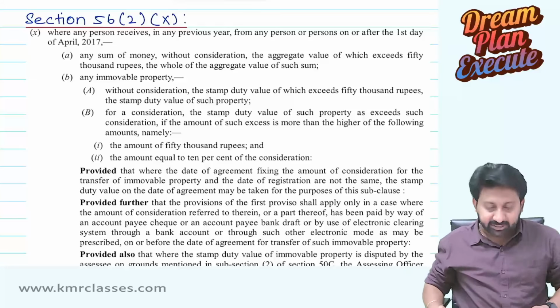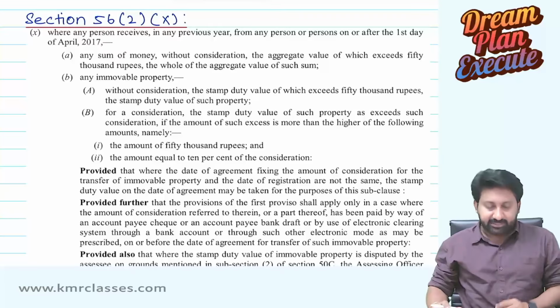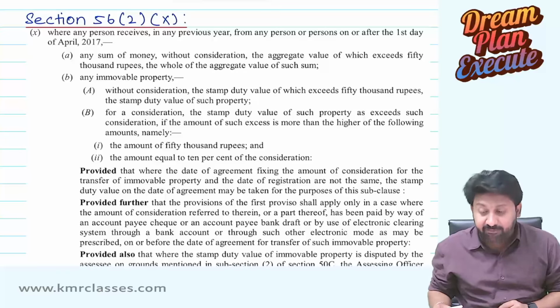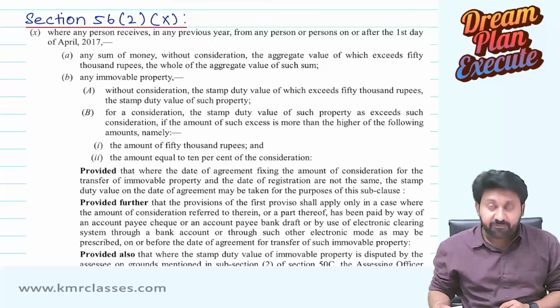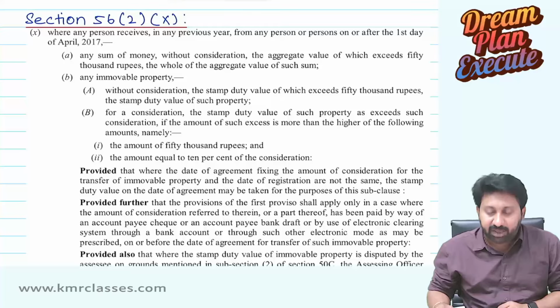Where any person receives in any previous year from any person or persons any sum of money without a consideration, the aggregate value of which exceeds 50,000 rupees, the whole of the aggregate value of such sum; immovable property without consideration, the stamp duty value of which exceeds 50,000 rupees, the stamp duty value of such property.